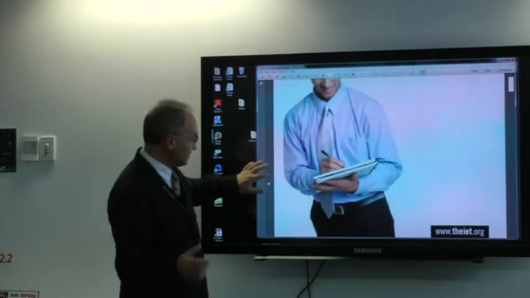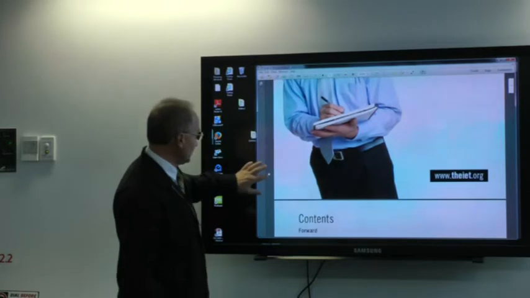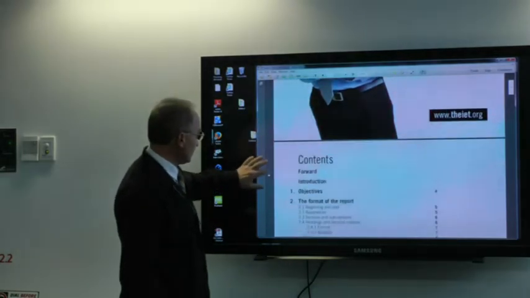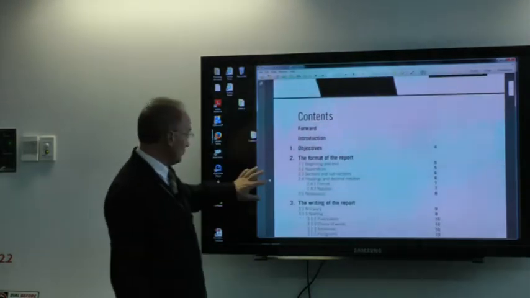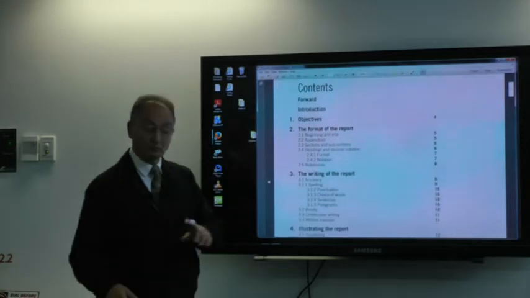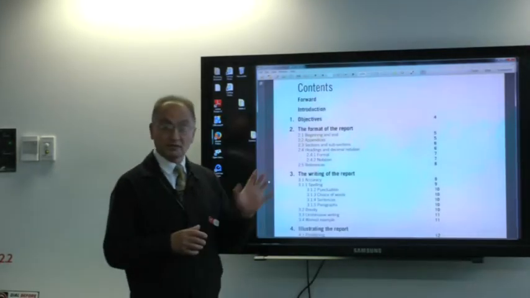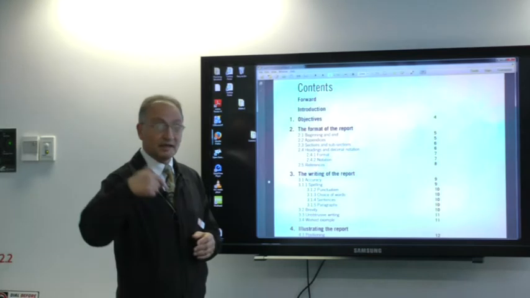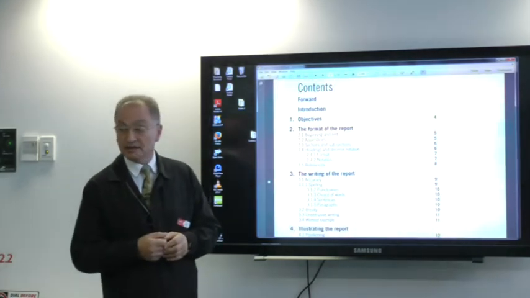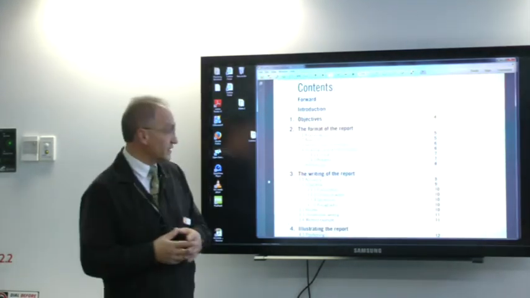It's a very good exemplar of a well-written technical document, or any document for that matter, and it would be advisable for you to look at it from time to time upon graduation when you are writing a longer report in the industry.